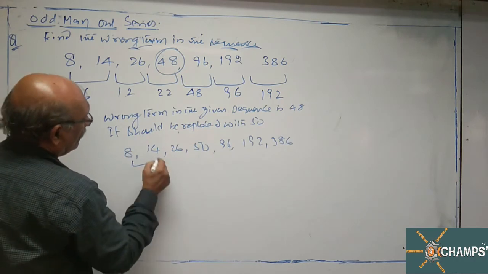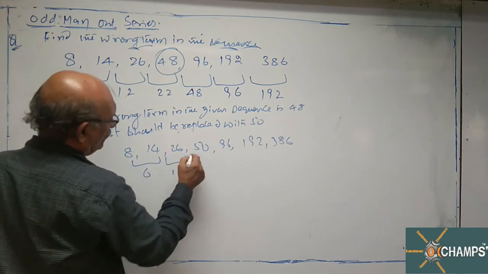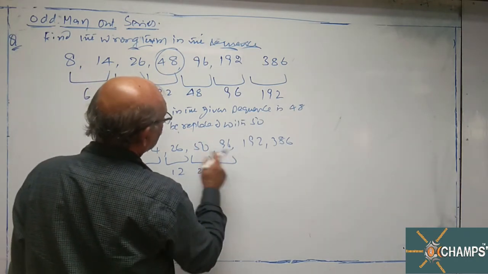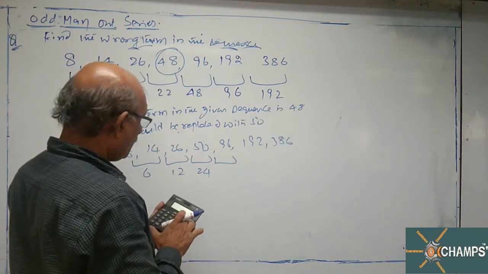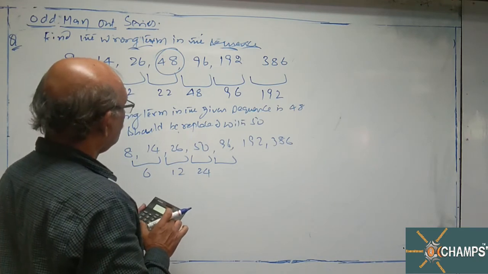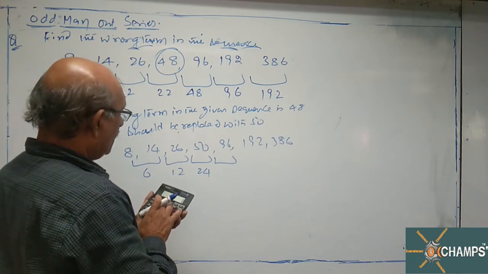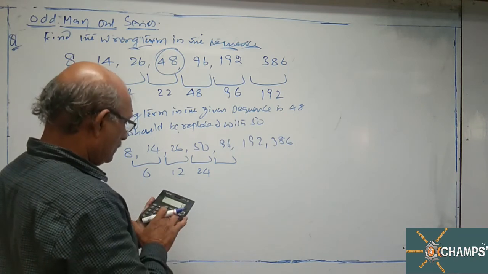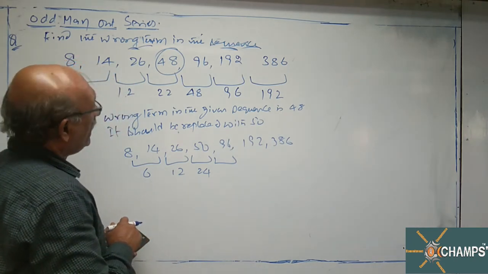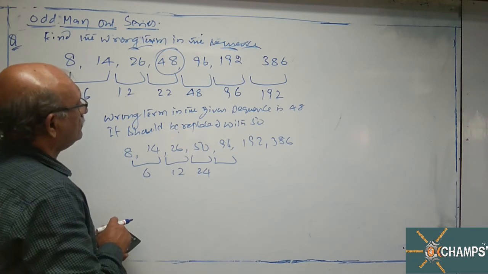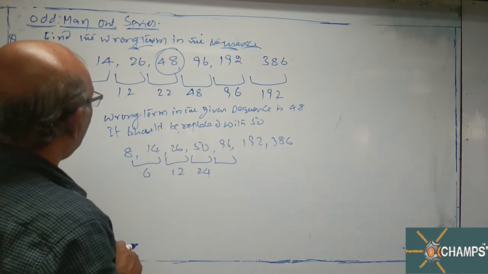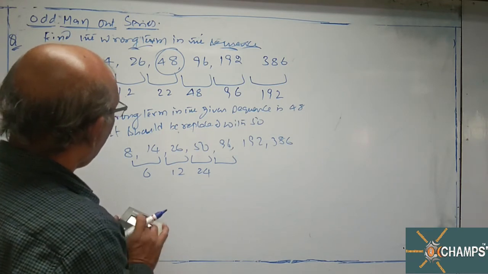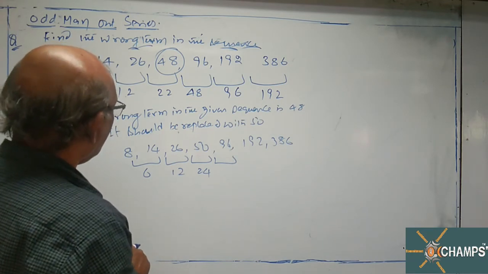Now the difference is 6, this is 12, then it is 24. 96 minus 50, 48 it should be. It should be replaced with 26 plus 24, 50. So 48 is the wrong number, sir.